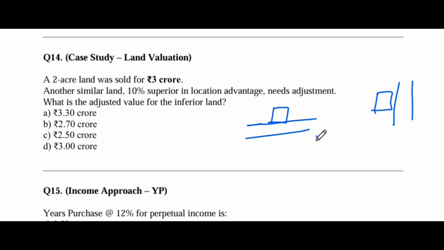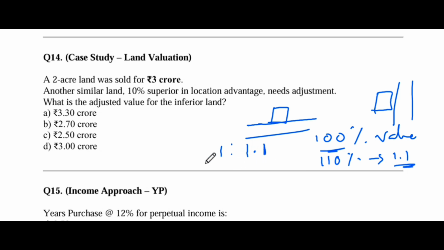So if our land is 100% having value, the other land, this superior land, is having value of 110%, right? So that becomes 1.1 ratio. So the ratio is 1 is to 1.1.